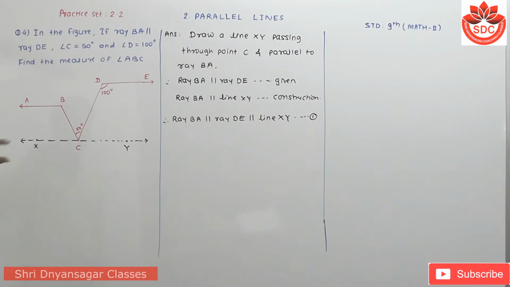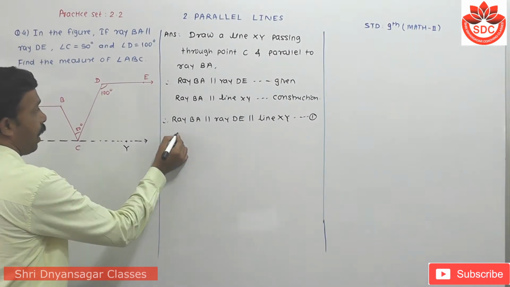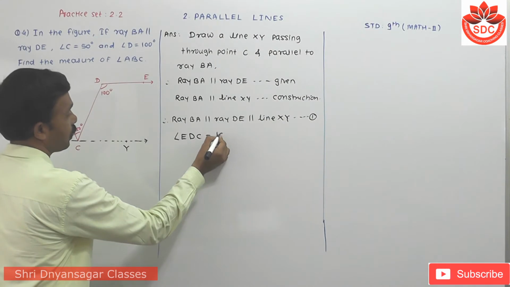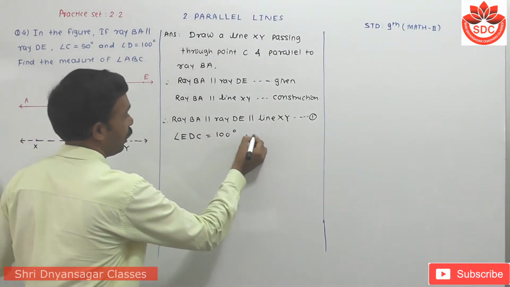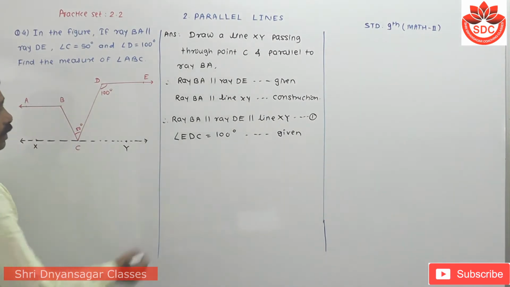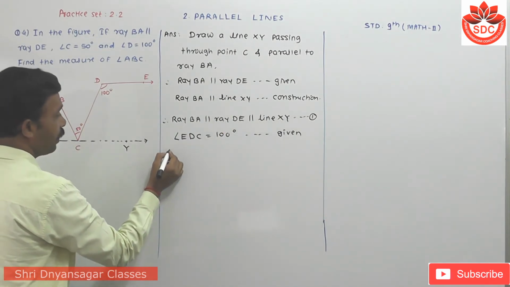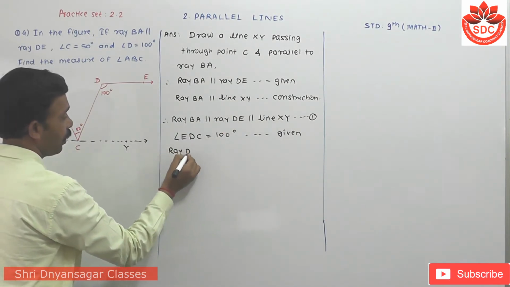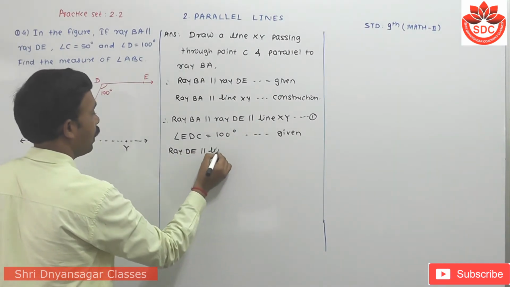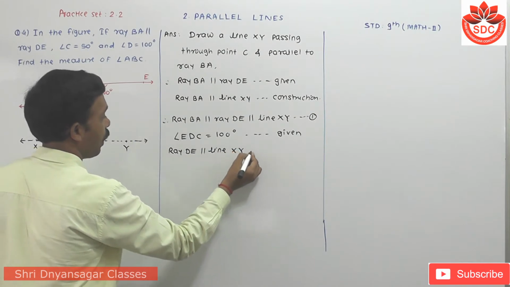Now we take one by one here. First take ray DE parallel with line XY. Angle EDC is equal to how much degree? 100 degrees. This is given here. Students, then from this first, I will write here ray DE is parallel with line XY.